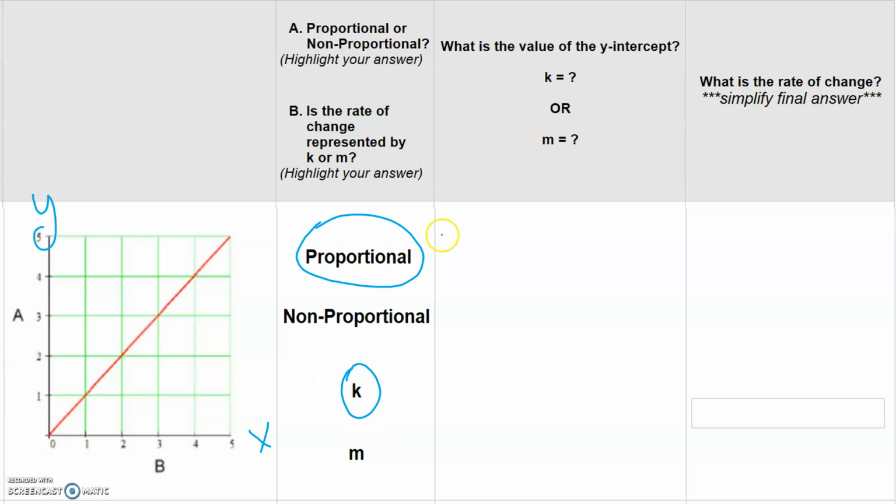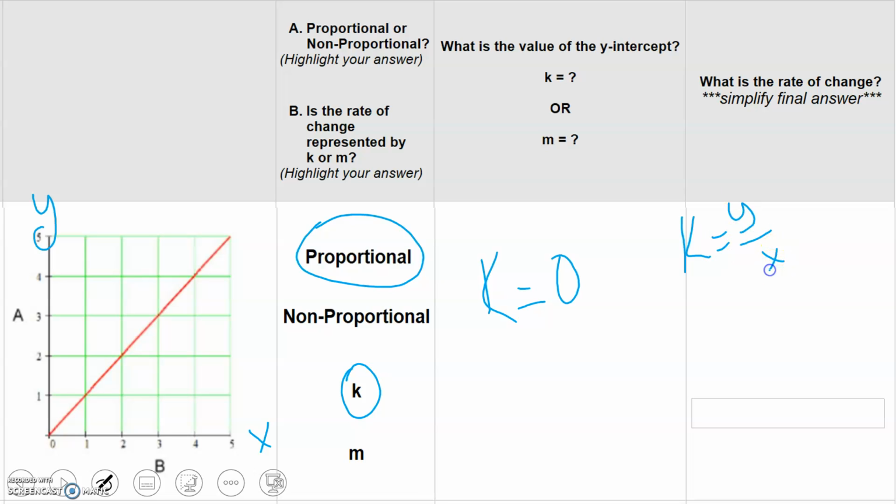The value at our y-intercept is 0. Now let's find the rate of change. So k equals y over x.